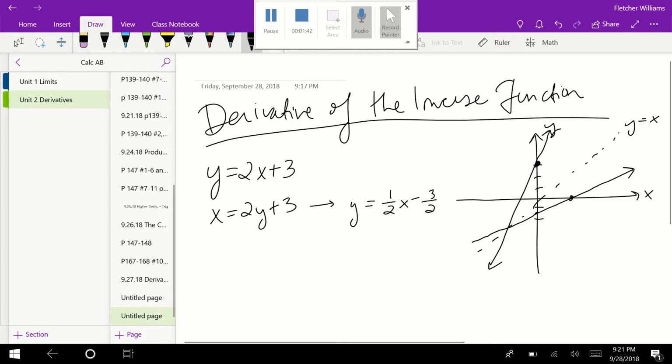It'll end up hitting this point over here, (3, 0), whereas the first one hit the point (0, 3). So basically all of the x and y values are flipped for the two functions.